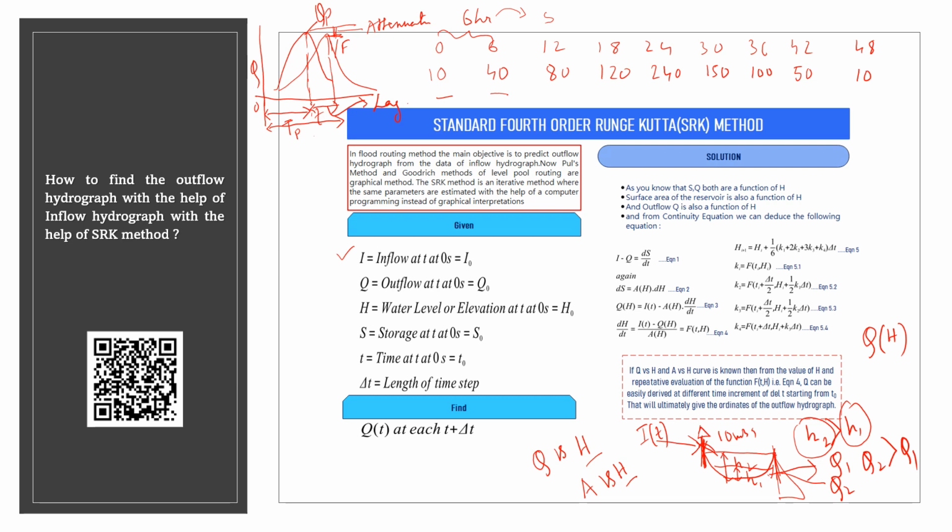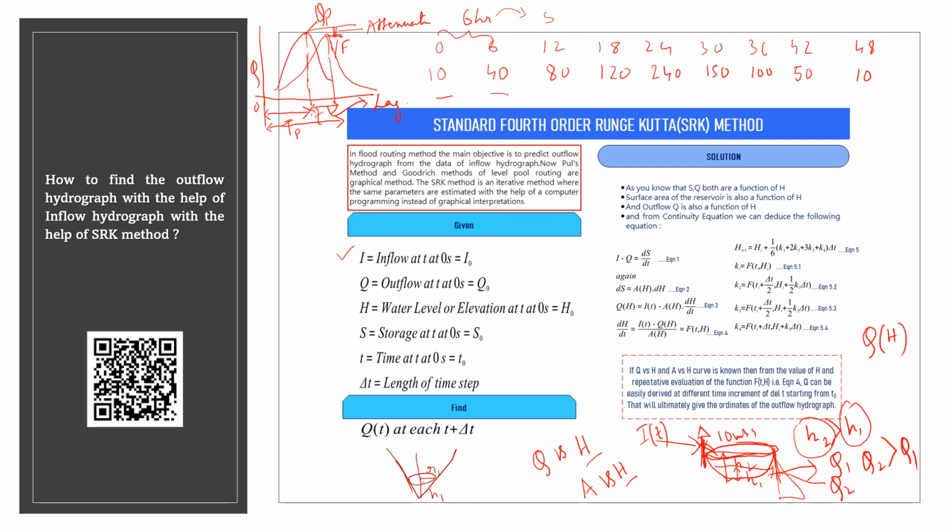Again, this surface area, the surface area of the stored water in the reservoir. Just see it. Suppose this is a reservoir. When the height is H1, you see the radius of the surface is R1.